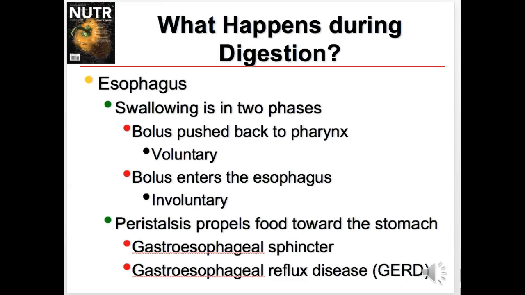This is also referred to as GERD, G-E-R-D. It's like acid reflux, the long-term condition where stomach contents come back up into the esophagus, resulting in symptoms or complications such as heartburn, bad breath, chest pain, vomiting, breathing problems, and even erosion of your teeth.